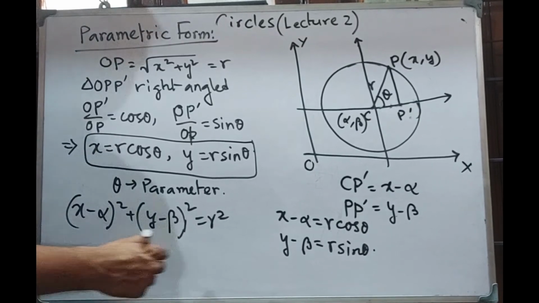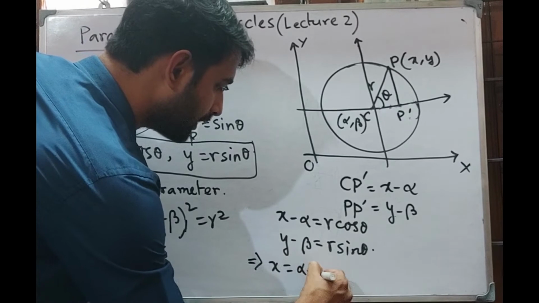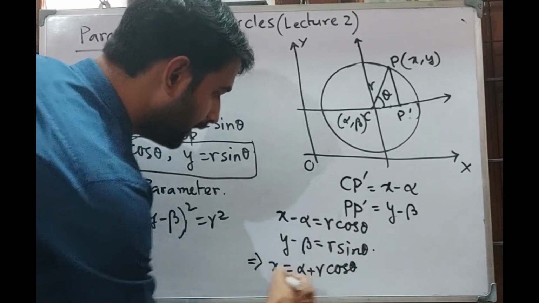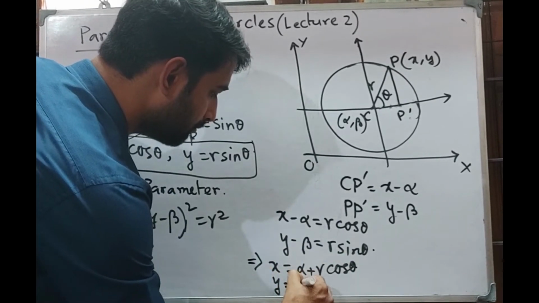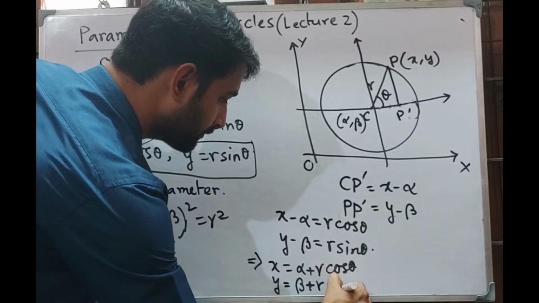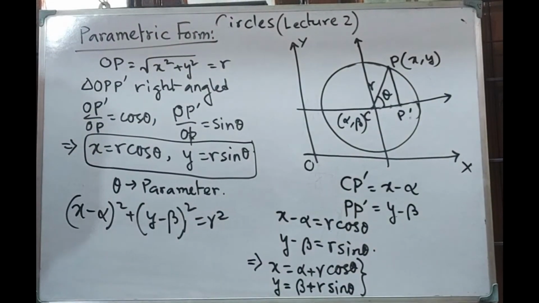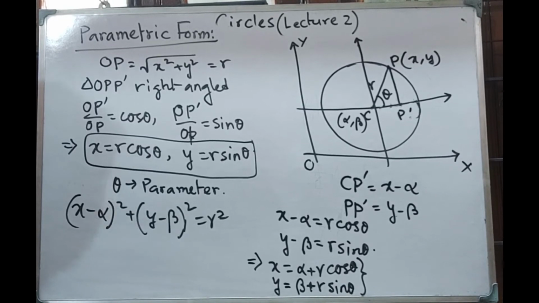So finally we can write x is equal to alpha plus r cos theta and y is equal to beta plus r sin theta. And these two equations give the coordinates of every point on the circle. So this is the parametric form of any circle with center (alpha, beta) and radius r.